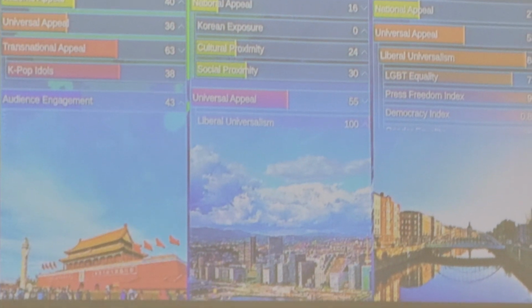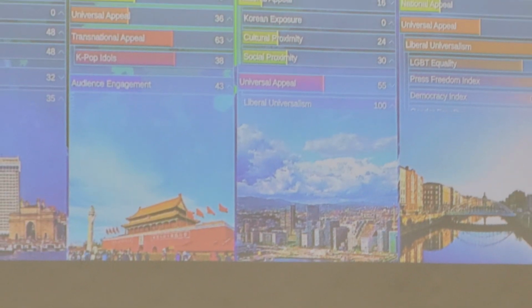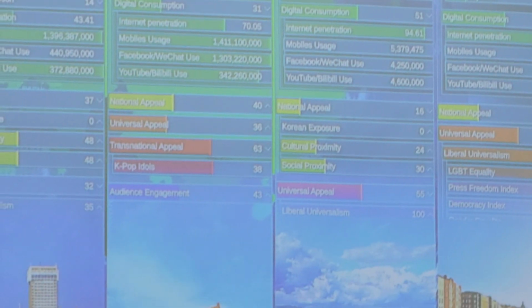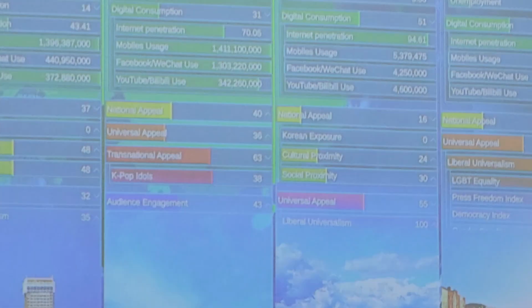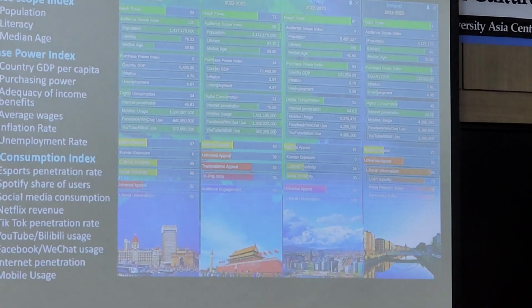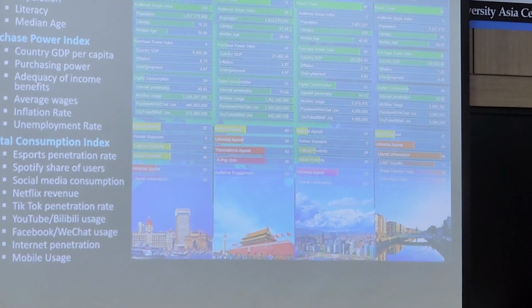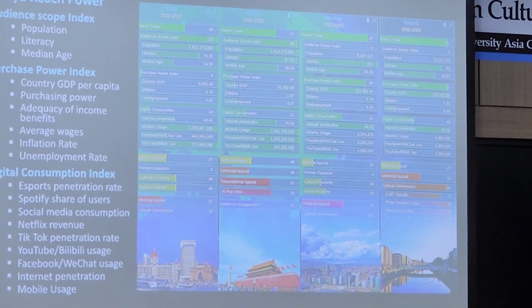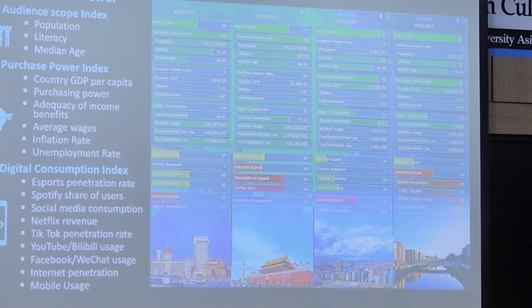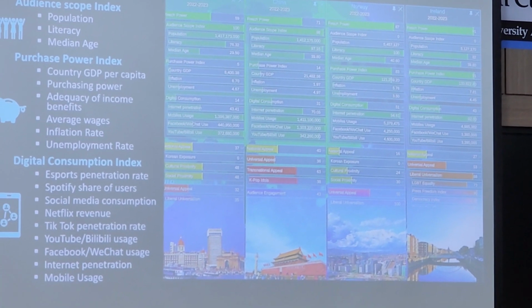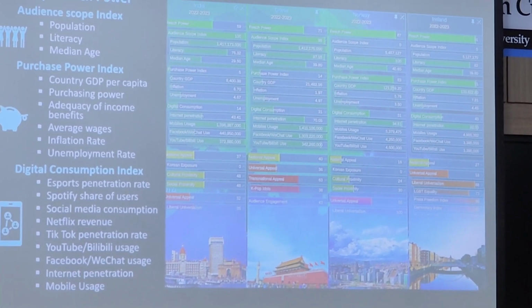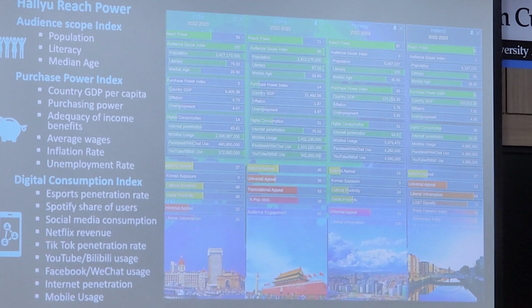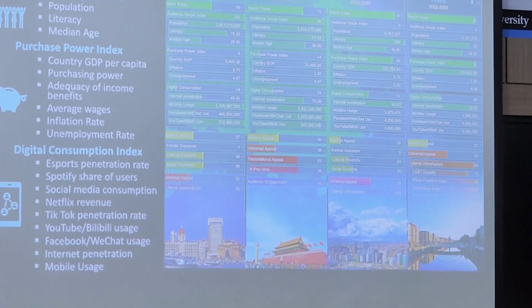And I'm also looking at digital consumption in terms of the connectivity of people in this country: the internet penetration rate, mobile usage, and all these different factors. What is interesting in our case is that we look at two channels, Facebook in the Western world and WeChat in China, because we know that China uses WeChat for powerful businesses.